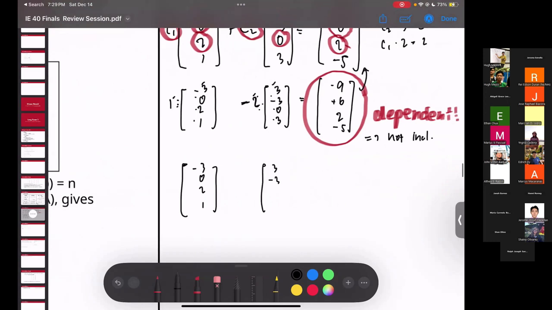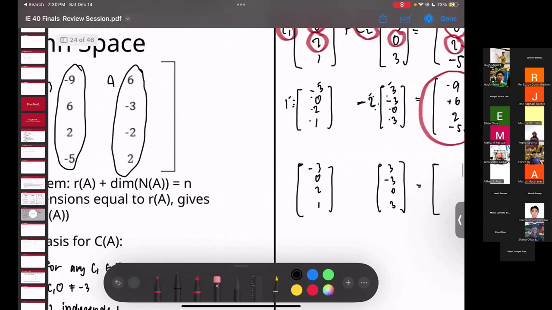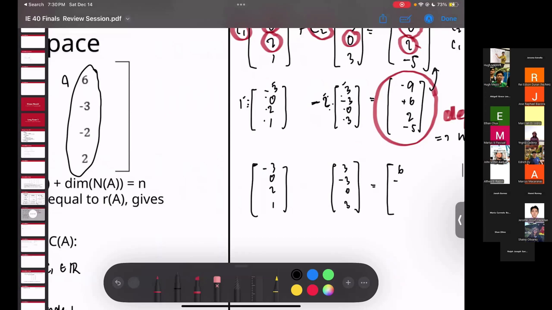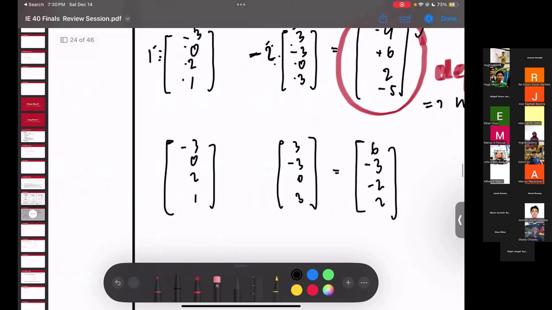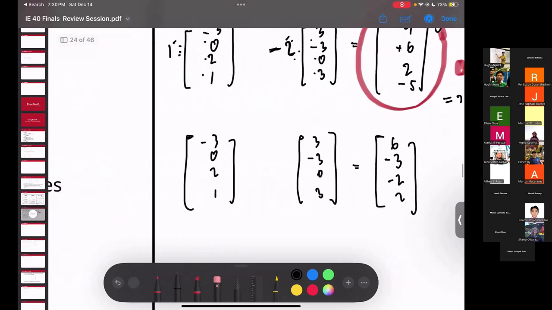So same thing, hanap tayo ng hula for C1 and C2. This time we want to attempt to equate it to 6, -3, -2, -2. In this case, my zeros ulit, so helpful. Let's guess positive 1 here kasi 1 times -3 is -3. In this case, let's guess -1 here kasi -1 times 2 is -2.